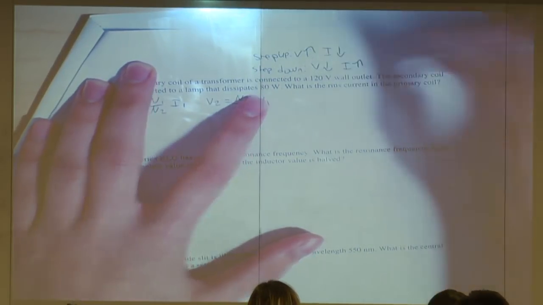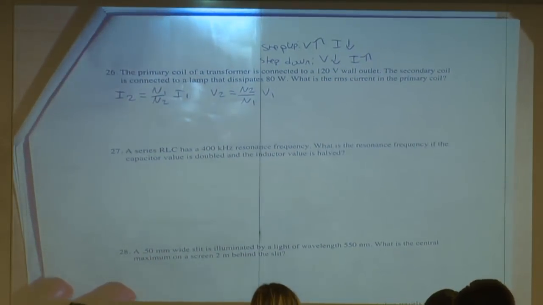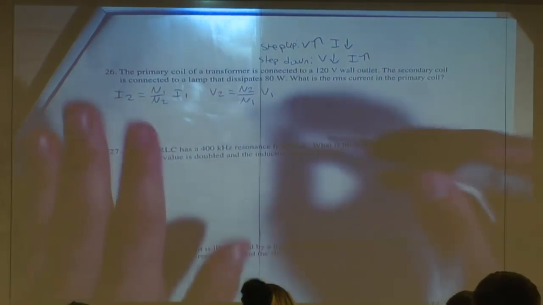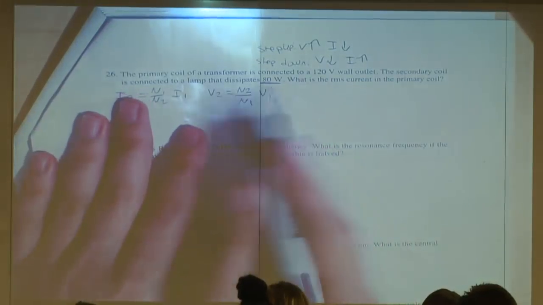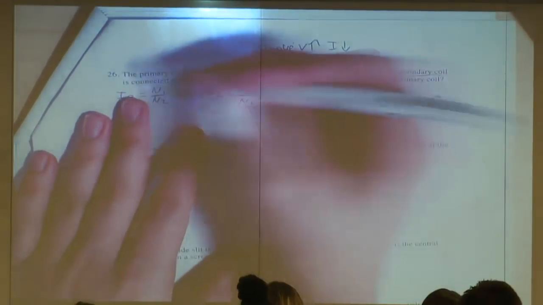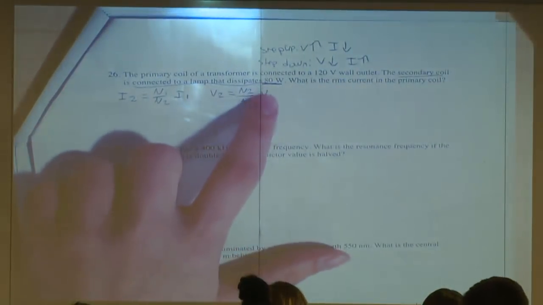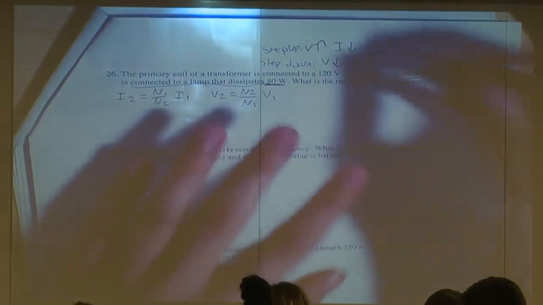This question's a little different than what you've probably seen, so I'm going to explain something. Because of the law of conservation of energy, whenever you have a transformer, each coil gets the same amount of power. It says the secondary coil is connected to a lamp that dissipates this much power. That's going to be the same amount of power in the other coil.